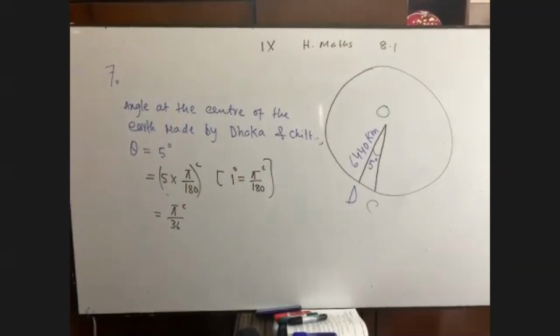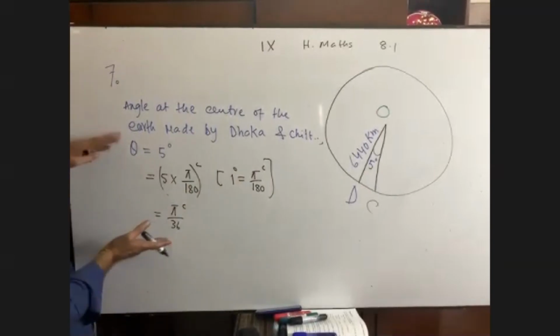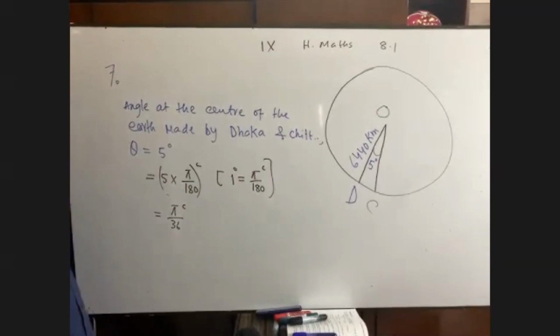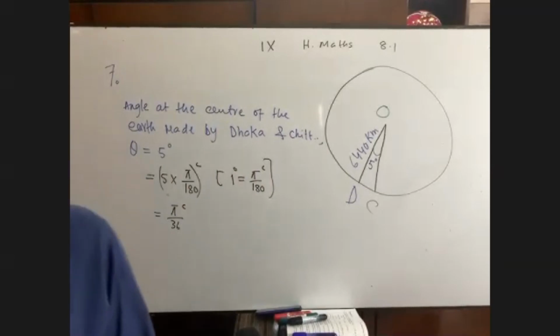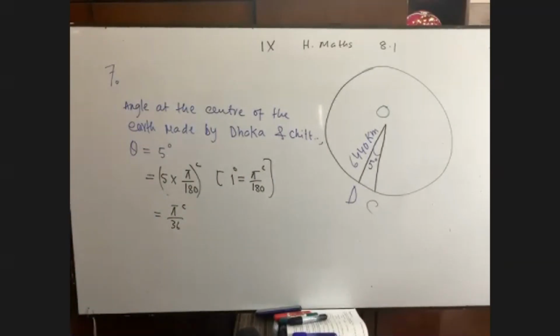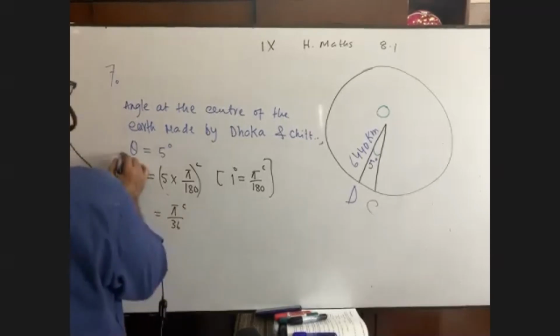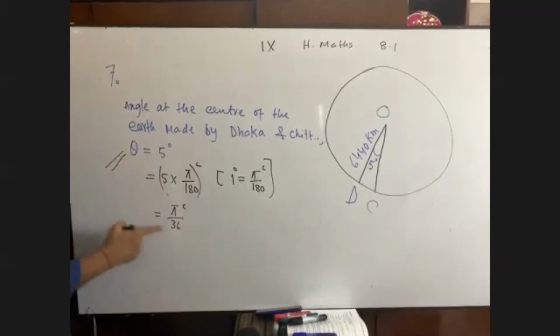Have you got this part? Yes, sir. And you have about 6 or 7 maths in exercise 8.1, and every math has the same starting: express theta in terms of radian.